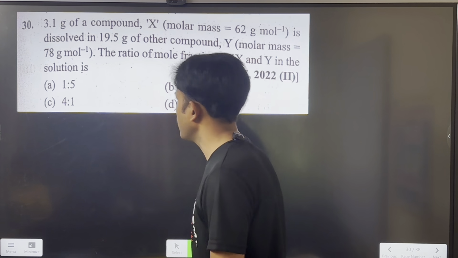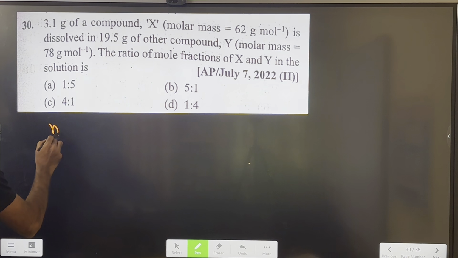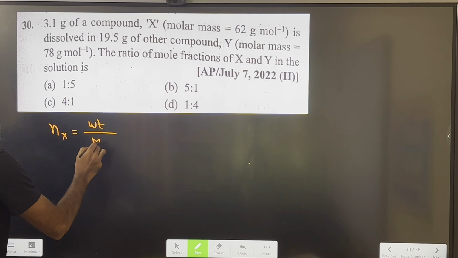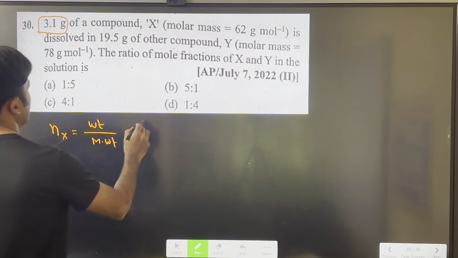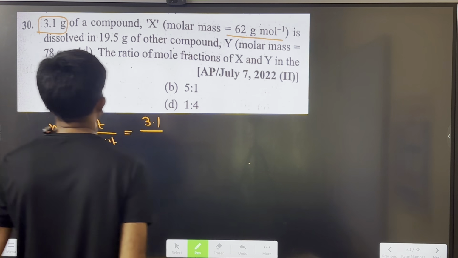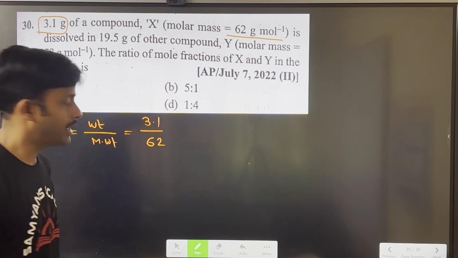How do you find this mole fraction of X? Before that, you find the number of moles of X, meaning weight of X by molecular weight of X. Weight of X is given here how much? 3.1 grams, right? 3.1 by, and the molar mass of X is how much here? 62. 3.1 by 62.